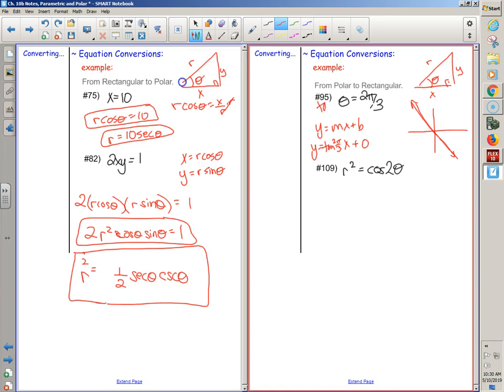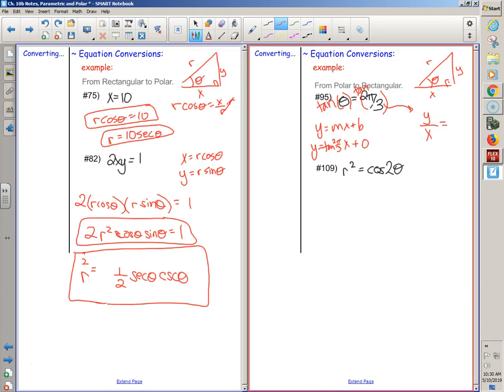You could have said, I don't have a formula for theta, but I do have a formula for tangent theta. The other way of getting here is that instead of drawing the picture, seeing that it was a line and figuring it out from there with inclination, you could have said, hold on, I know tangent of theta is y over x. So you could have taken tangent of both sides.